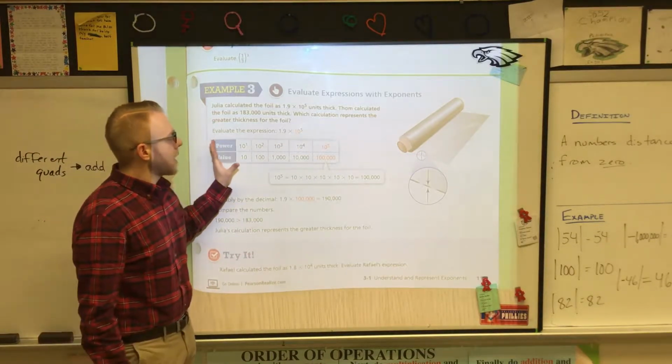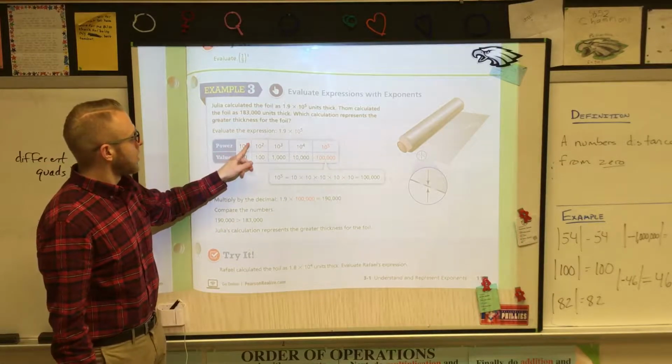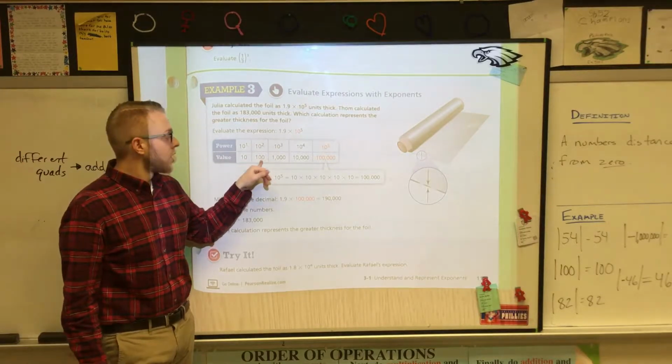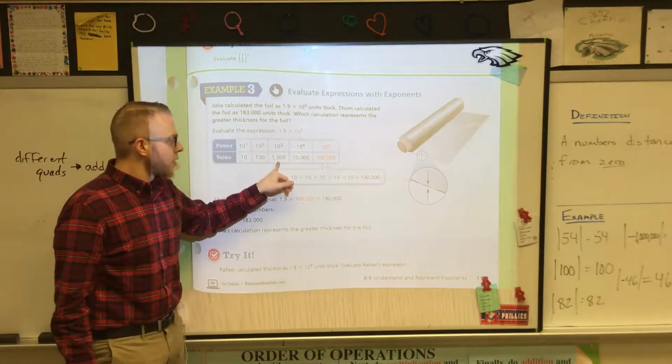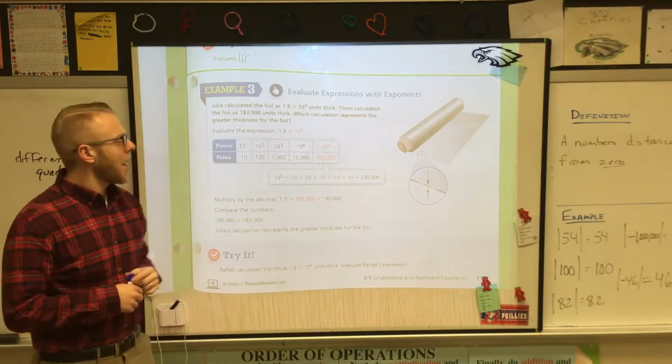So this table gives us a great illustration of how 10 to the 1 has a value of 10, 10 to the 2 has a value of 100, 10 to the 3rd has a value of 1,000, 10 to the 4th has a value of 10,000, and hopefully you start to see a pattern here.